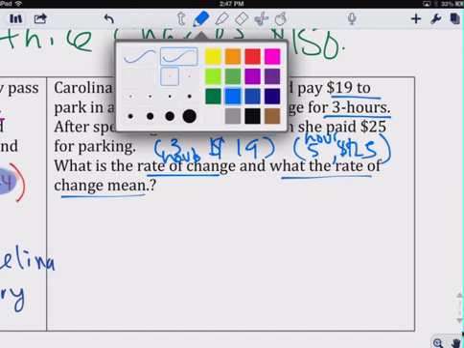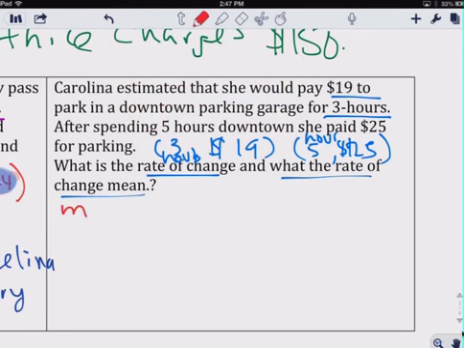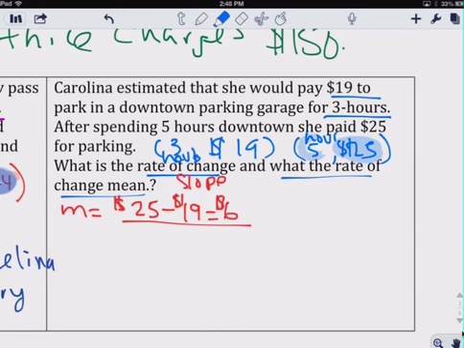Okay, the rate of change is slope. So we're going to do the dollar sign first. I'm going to start out with the most amount, the 25. So 25 minus the $19 gives you $6 over the number of hours. Because I start with 25 first, I need to start with 5 first here. 5 minus 3, these are hours, not dollars.